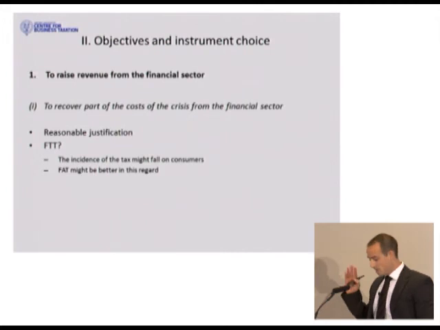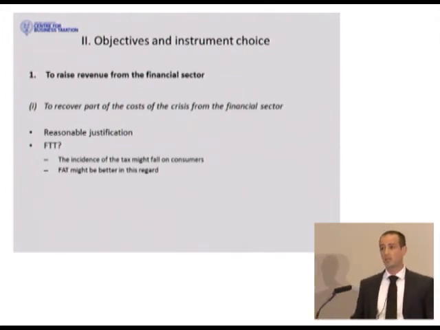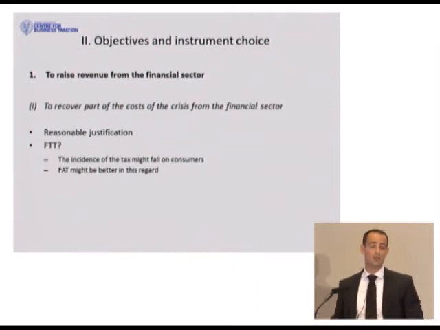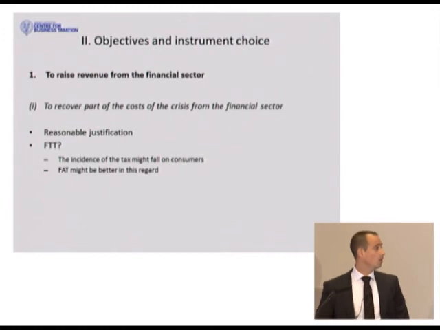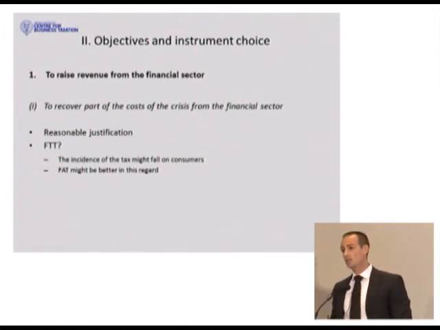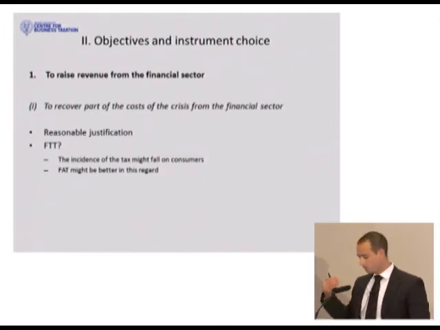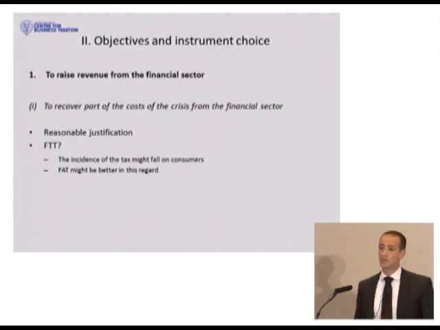Now, I'm saying that whilst obviously acknowledging that there's always some uncertainty as to who bears the true incidence of a tax. I mean, there's uncertainty about who bears the true incidence of a corporate tax. However, the consensus seems to be that it is likely that the economic incidence of the FTT falls on consumers.